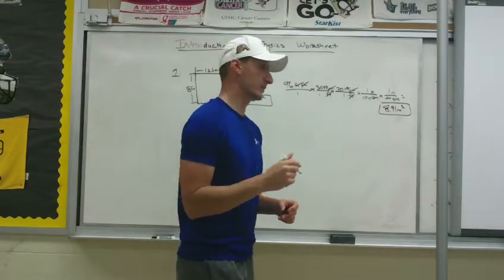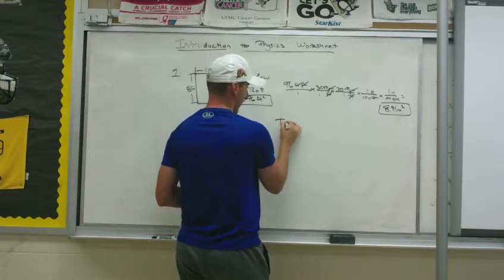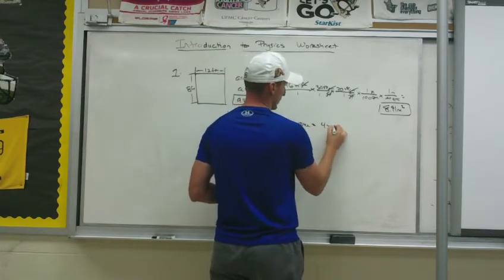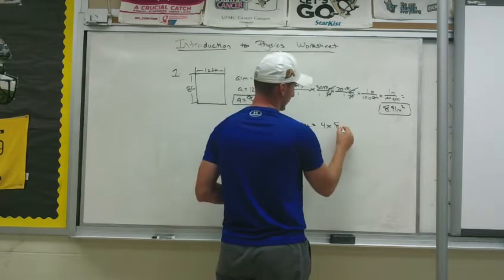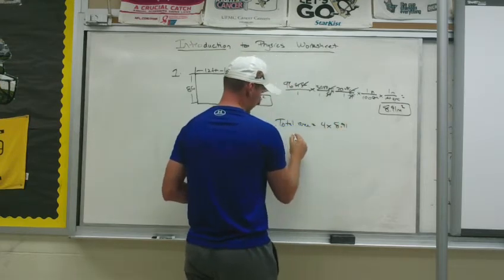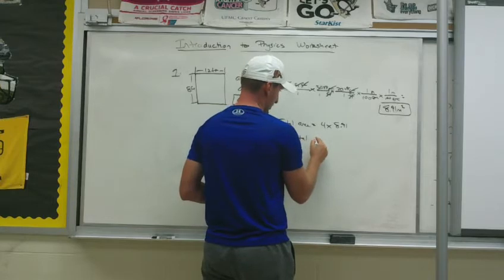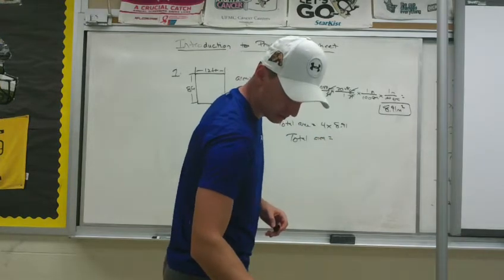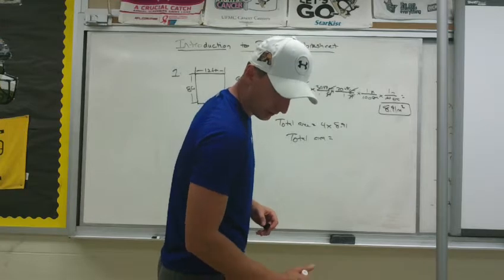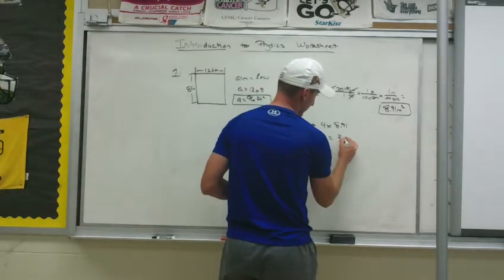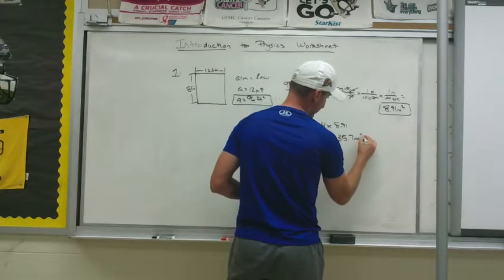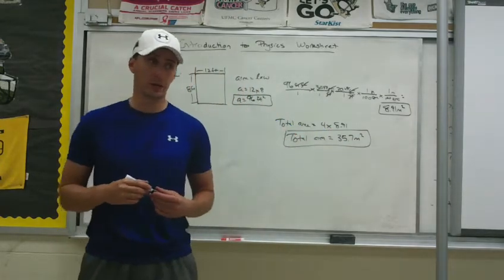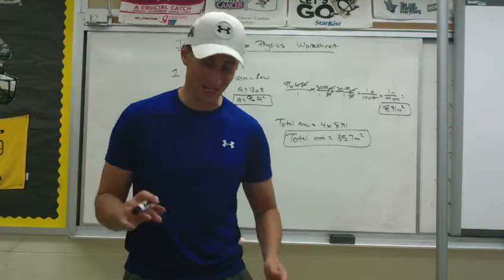There are 4 sides of the room, so total area equals 4 times 8.91. I get 35.7 meters squared. That is the total amount of area that she needs to paint.